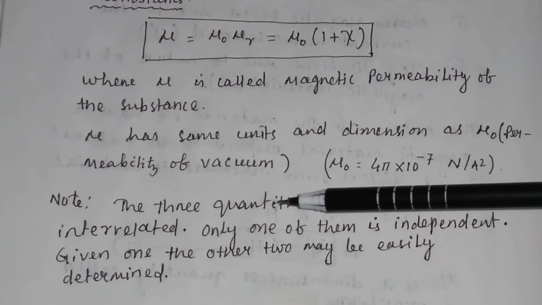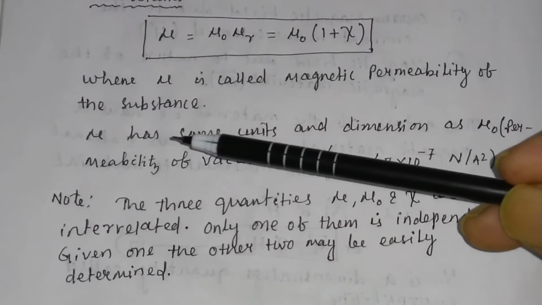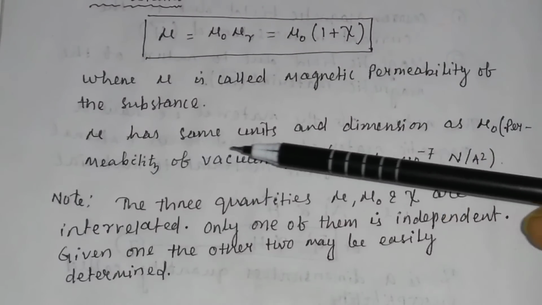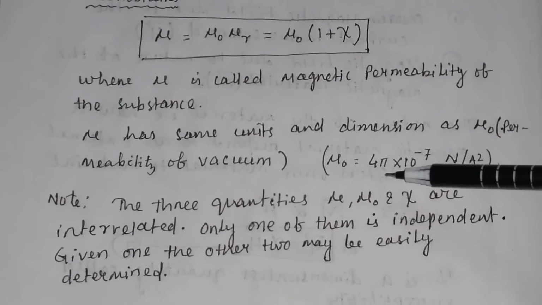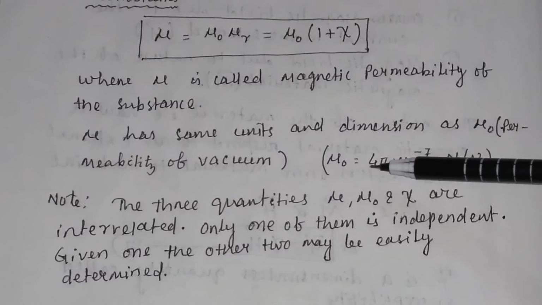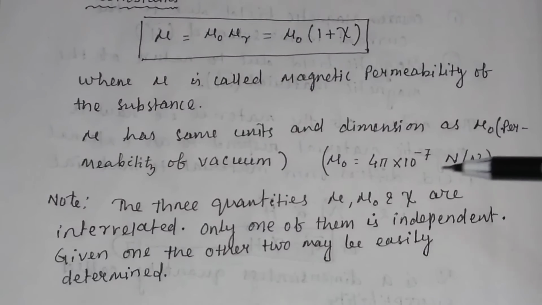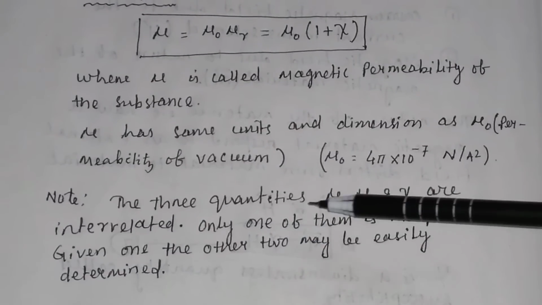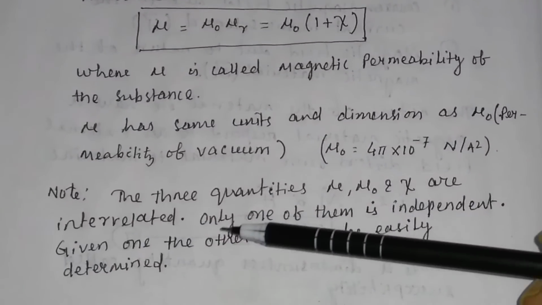Magnetic permeability mu has the same unit and dimension as mu 0, that is the permeability of vacuum, which is a constant, that is mu 0 is equal to 4 pi into 10 to the minus 7 Newton per ampere square. Note that the three quantities mu, mu r and Chi are interrelated.